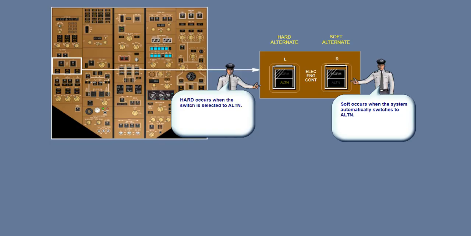Automatic reversion to the alternate mode results in the soft alternate mode. Manual selection of the alternate mode results in the hard alternate mode. There is no real difference to the pilot, except that when soft alternate engages, there should be no noticeable change of thrust. This may not be the case with engagement of hard alternate, which may cause the thrust to set the commanded N1.